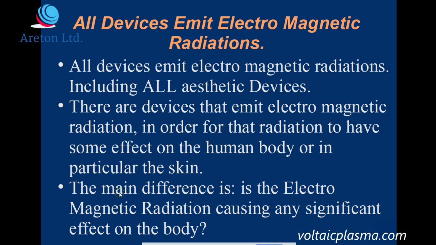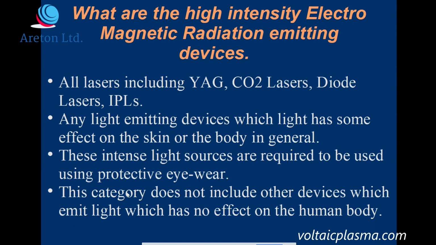The main difference is that the electromagnetic radiation is causing some significant effect on the body in the case of this type of device, like YAG lasers, CO2 lasers, diode lasers, IPLs, and so on. So what are the high intensity electromagnetic radiation emitting devices? They are any light emitting devices whose light has some effect on the skin or the body in general.